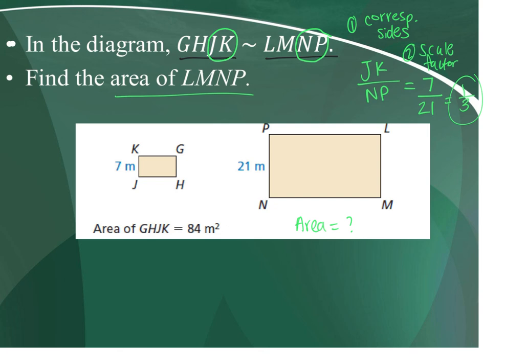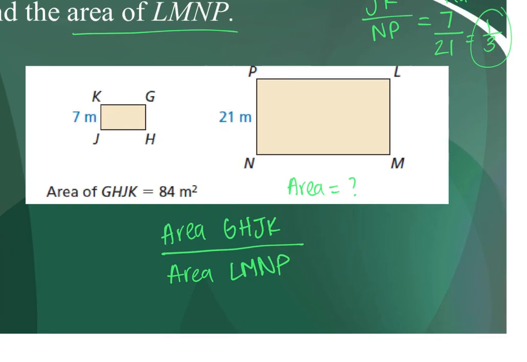So we're going to write area of GHJK over the area of LMNP. Now remember, they are proportional, but they are not proportional by the scale factor. It's going to be equal to the scale factor, which was 1/3, but we have to square it.